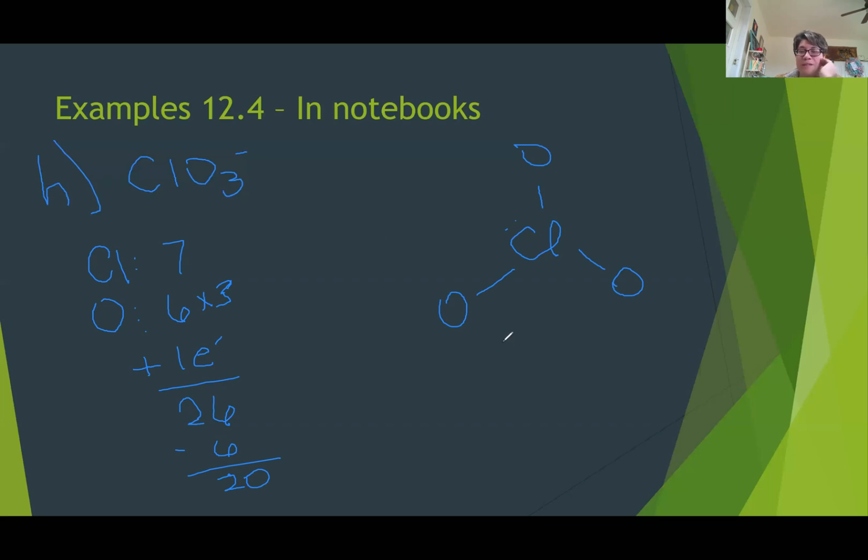Now I have 18, and then I could go 2, 4, 6, 8, 10, 12, 14, 16, 18, and there is all of them. And so this guy would actually be like this and kind of have this pushed down shape, because that lone pair set is going to push those down. So that's actually the shape.